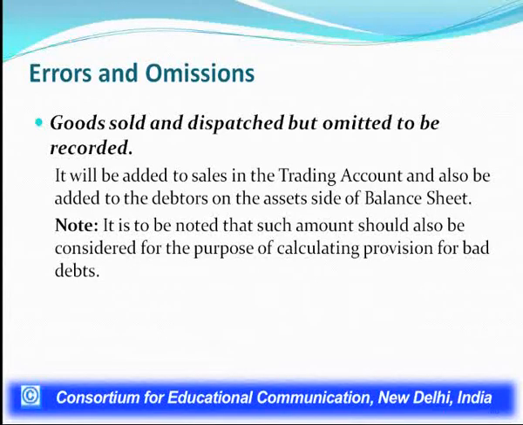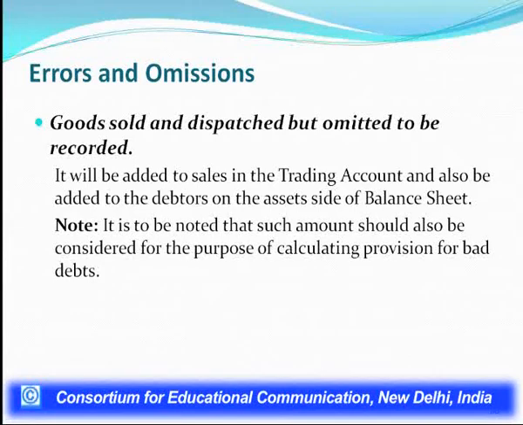So, sale is recorded by debiting the debtors account, the individual name, and crediting the sales account. If we are making a direct adjustment, it will be added to the sales on the credit side of the trading account, and it will also be added to the debtors on the asset side of the balance sheet.